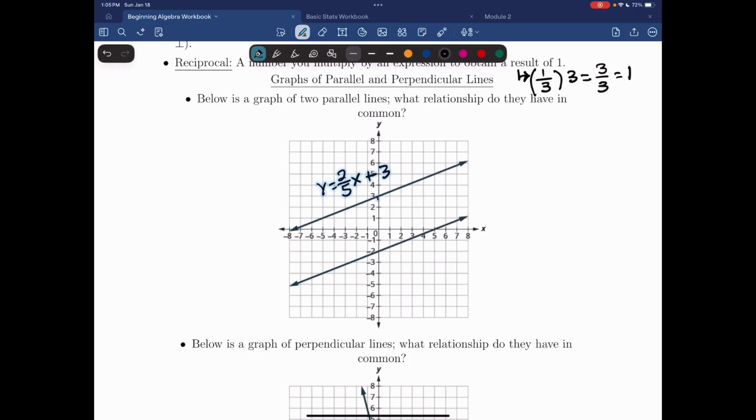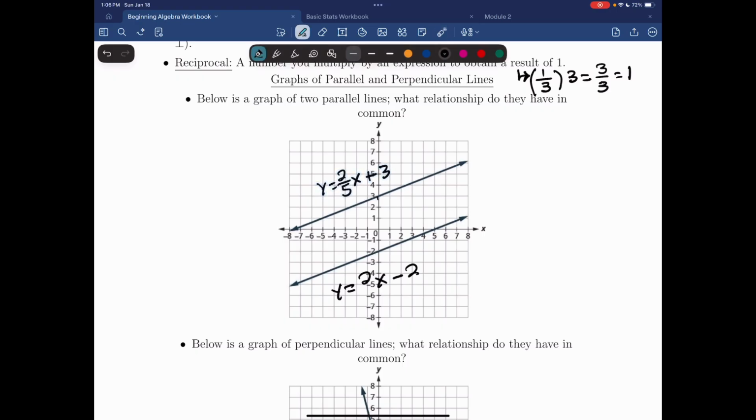Now looking at this bottom line, we have a y-intercept of -2. So we're going to have y equals some slope times x minus 2. And then our slope, well, let's see what that is. We're going to go up 2, and then right by 1, 2, 3, 4, 5.